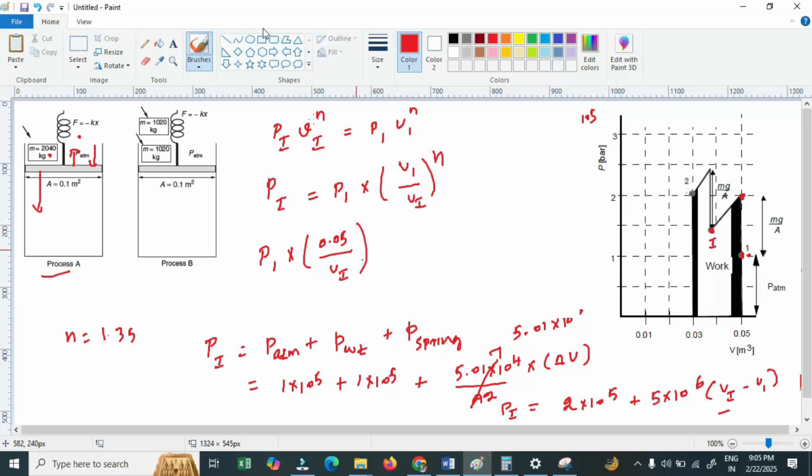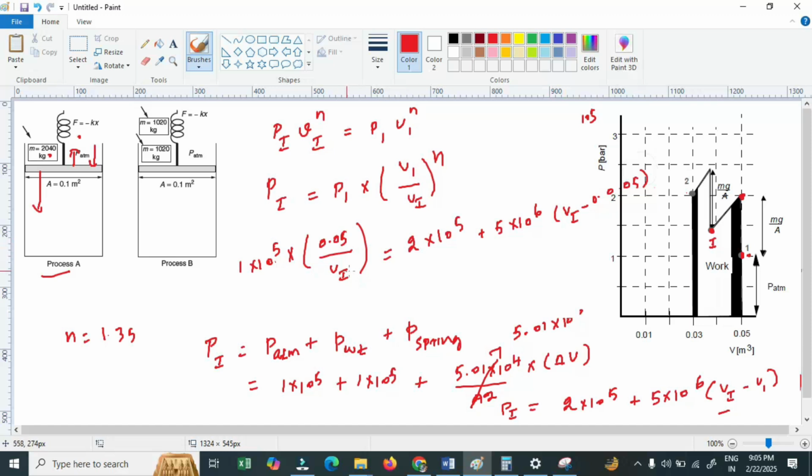And this P1 also can be replaced with 1 multiplied by 10 power 5, equal to 2 multiplied by 10 power 5 plus 5 multiplied by 10 power 6 times Vi minus V1, that is 0.05.